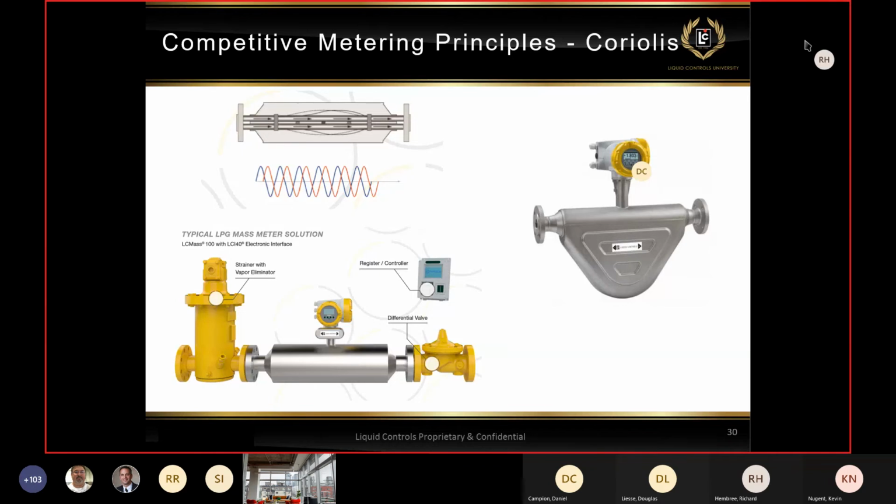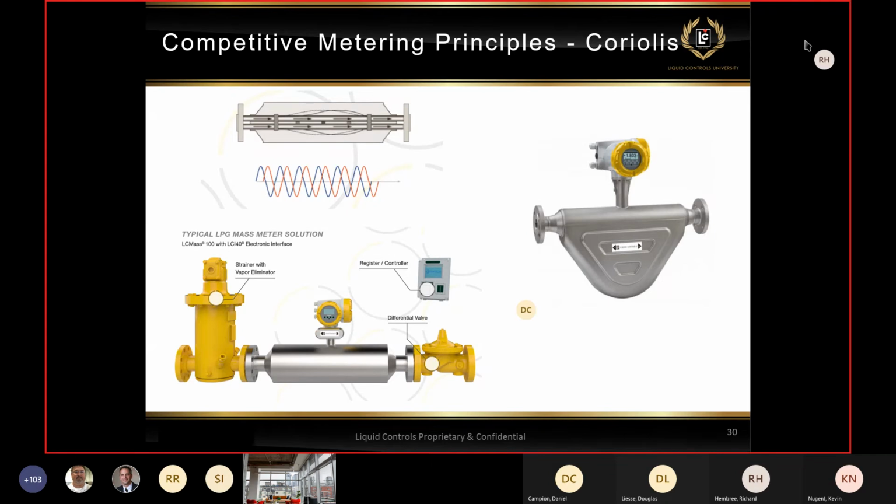And then another competitive meter is the Coriolis mass flow meter. It certainly has its place in the market, but there are times where it is very expensive to purchase.